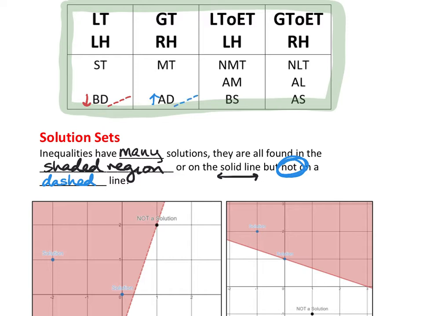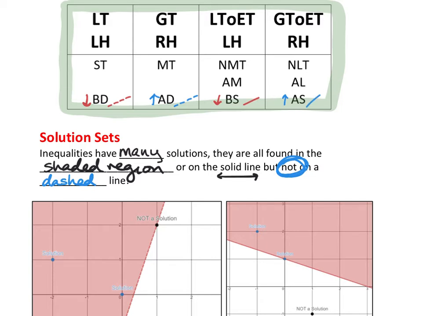So greater than is going to be shaded above but have a dashed line. For less than or equal to, the BS stands for below and solid. So it's going to have a normal solid boundary line but be shaded below. And the AS for greater than or equal to stands for above and solid.